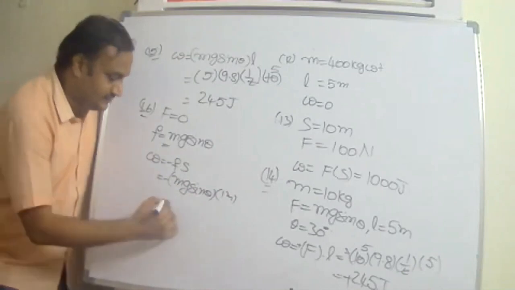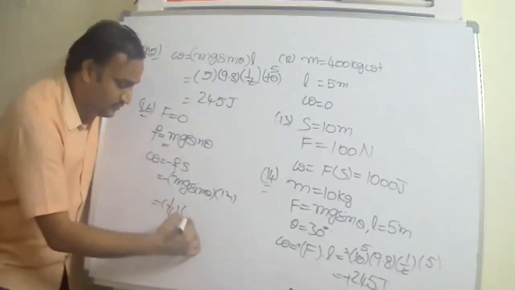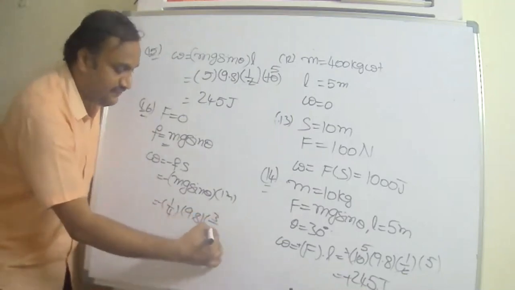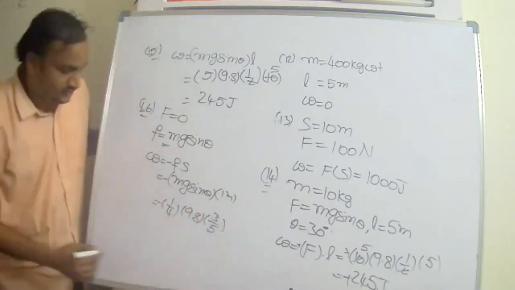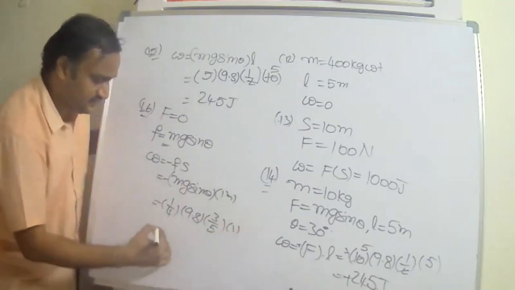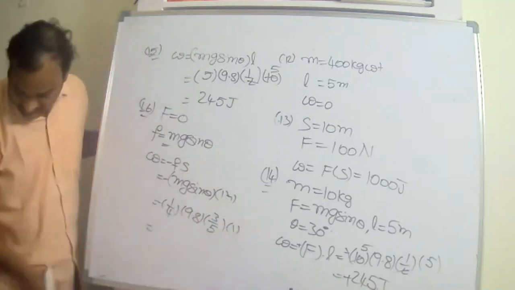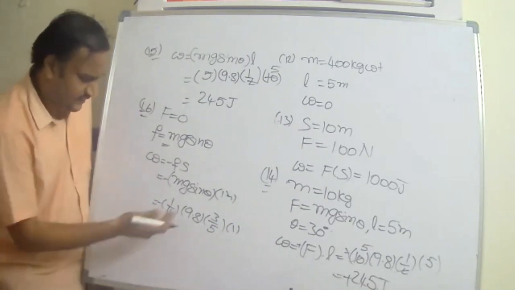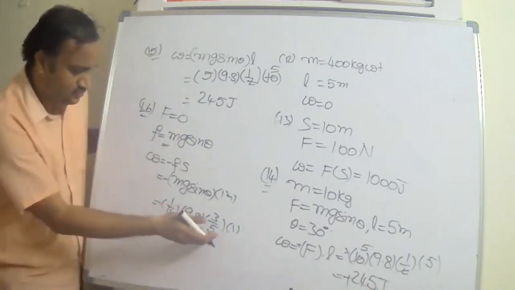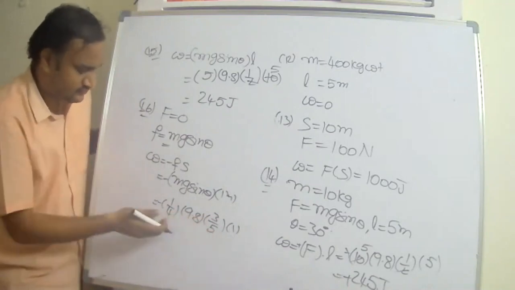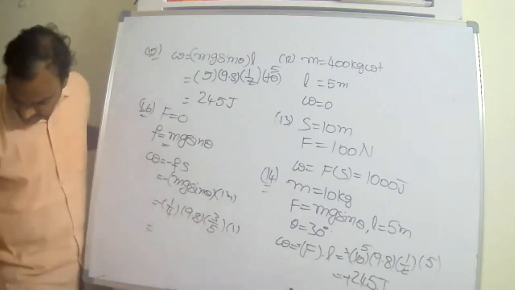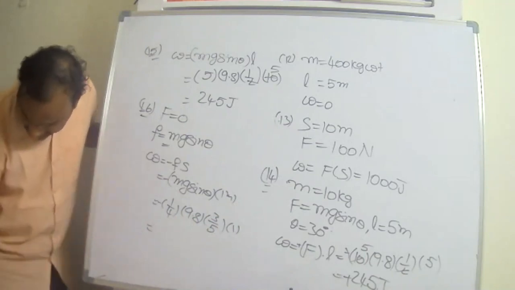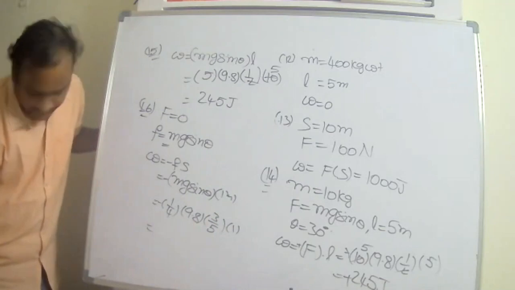250 grams converted to kgs is 1/4, g is 9.8, sin 37 is 3/5, and the distance is 1 meter. For an inclination of 37 degrees, sin is 3/5.